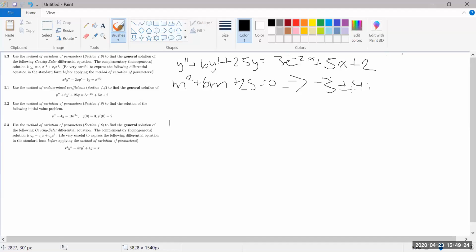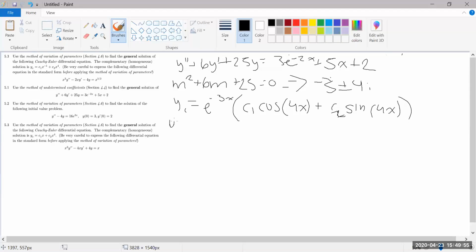So now that we have our auxiliary equation, we know that our complementary solution is going to look like this. Okay, so now that we have our complementary solution, we can start doing the method of undetermined coefficients.